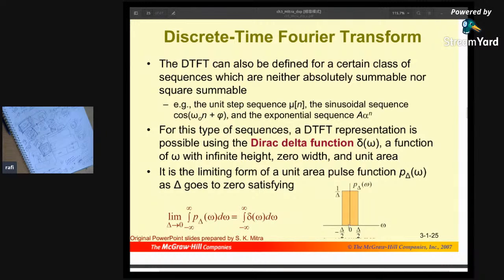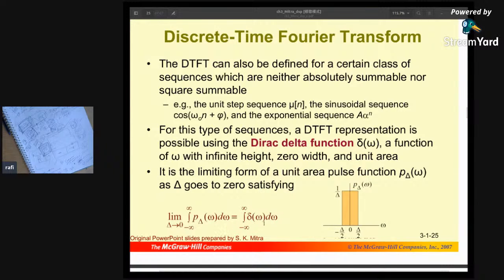That means as delta tends towards 0, this will become 0 width, and 1 by delta means 1 by 0, it will be infinity, so the height will go to infinity. So this is approximated as a delta function, the Dirac delta function, delta of omega.